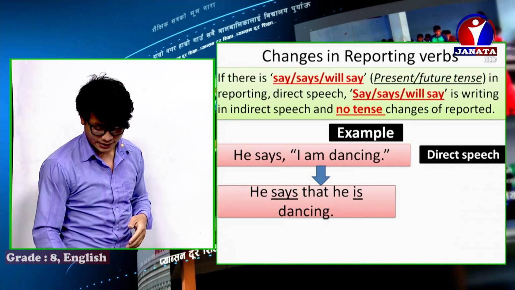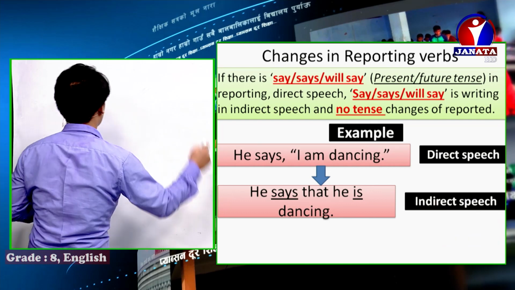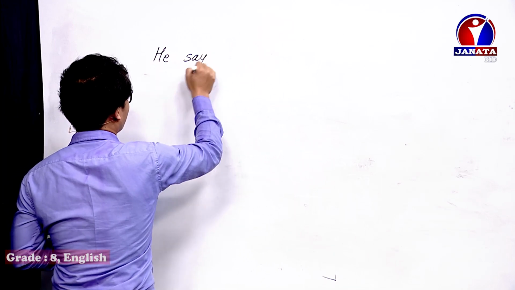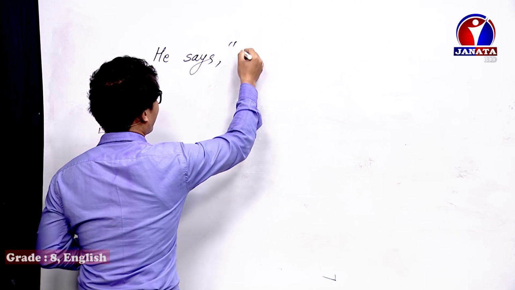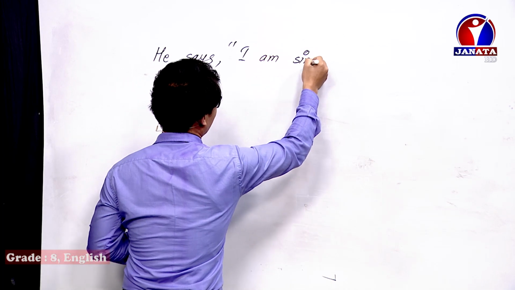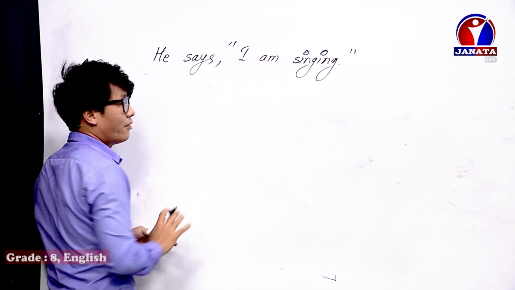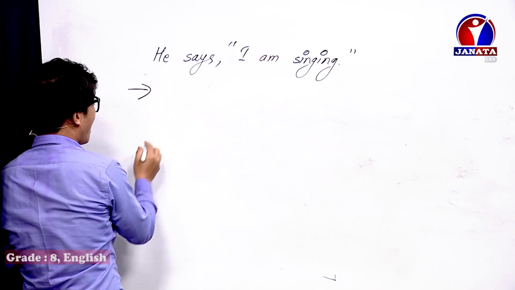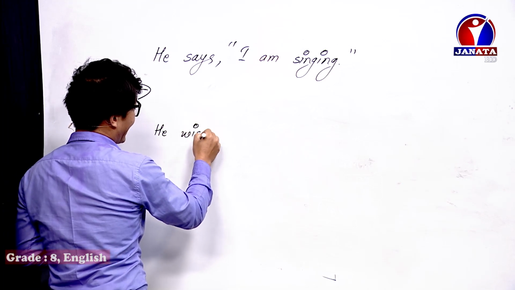Okay, this is indirect. Let me now write here for further. Okay, he says, comma, inverted comma, I am singing. Full stop, inverted comma. Do not forget, punctuation is very important. Okay, this is one question. Another question is here.